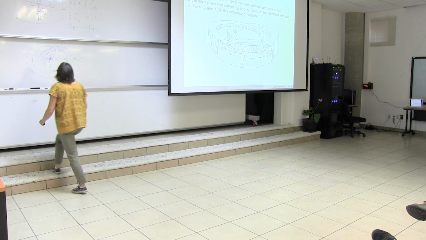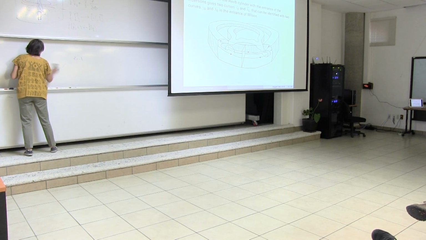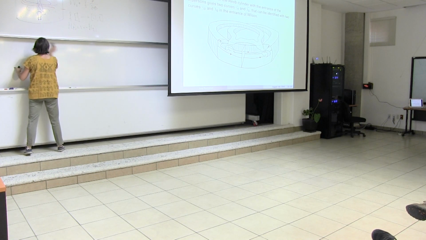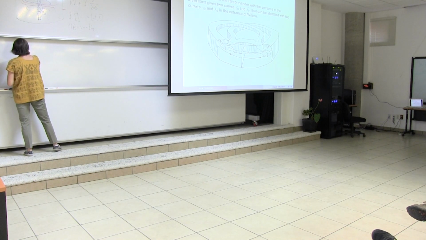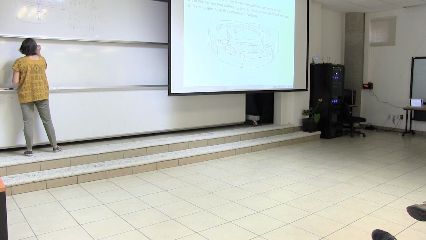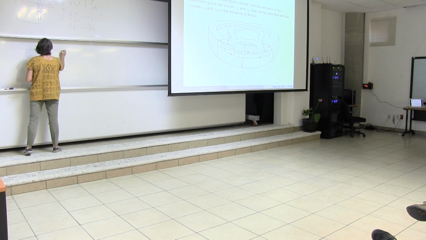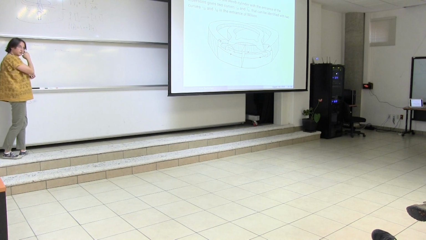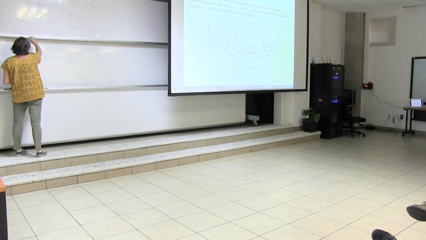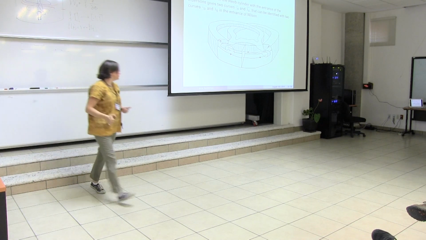Okay, so let me start with my drawings. So I will put the cylinder over here. So this is the cylinder with the two notches done by the insertions. And I will do just that, and I will forget about the rectangle.